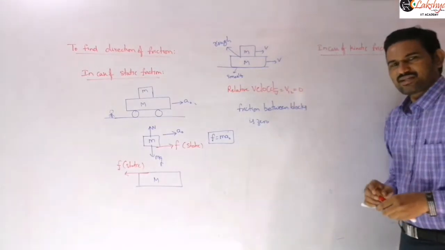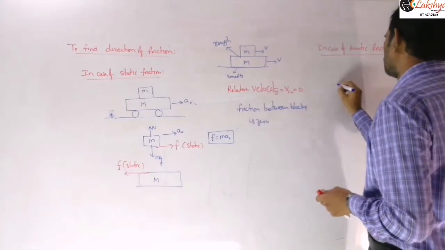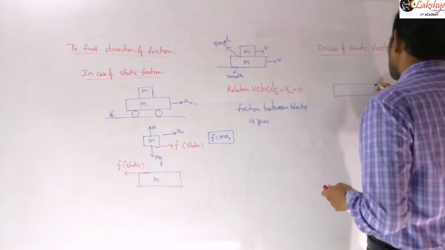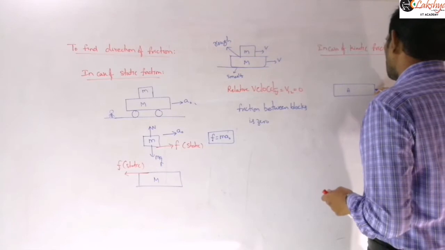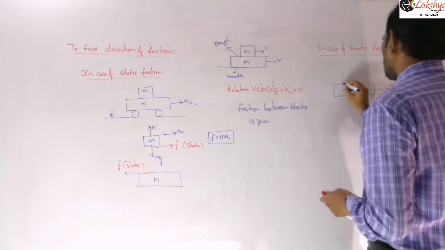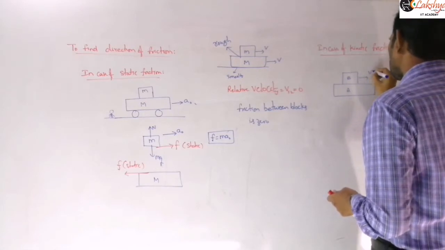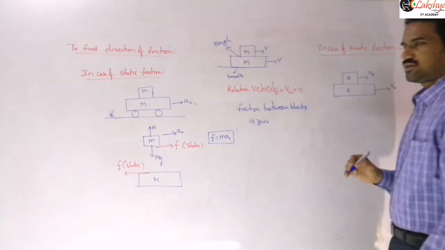So let us take a similar example with different velocities. This is block A moving with velocity VA, and this is block B having some velocity VB, right?